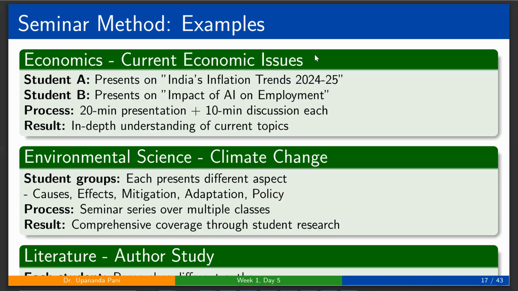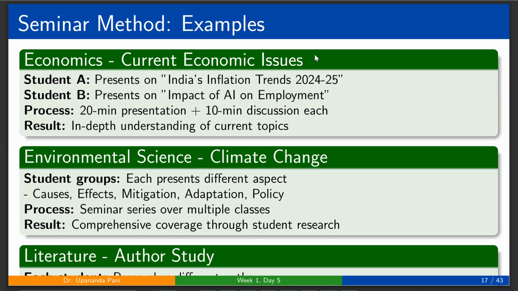Now let's analyze some examples of the seminar method. Suppose, for example, we are dealing with current economic issues in economics. Student A presents India's inflation trends 2024 to 25. Student B presents the impact of AI on employment. The process is a 20-minute presentation plus a 10-minute discussion each.